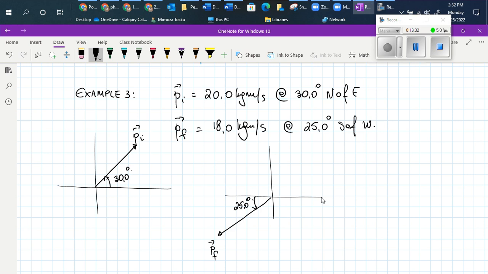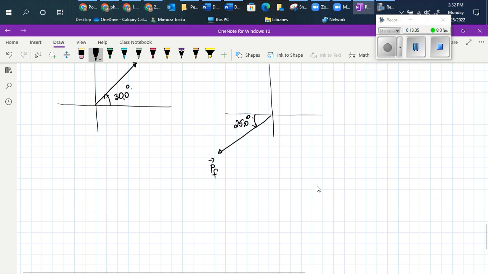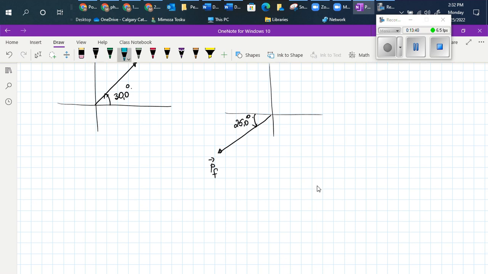So now when we are adding those two vectors graphically, we actually are subtracting, not adding. So we'll go P final is here with a 25-degree angle, and if we were doing the P initial, then we would have gone through the north and east axis.